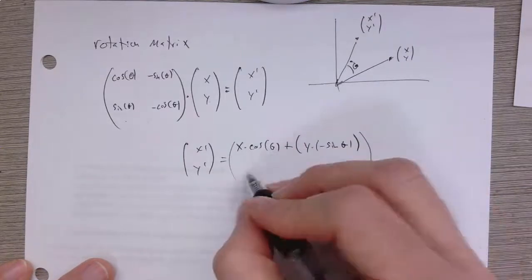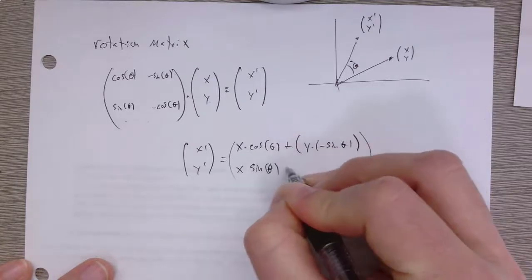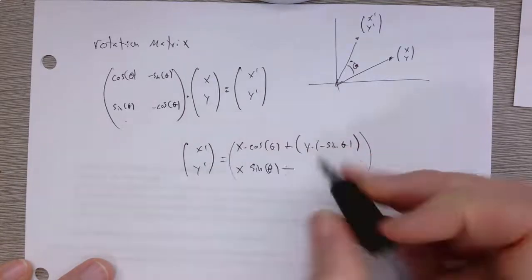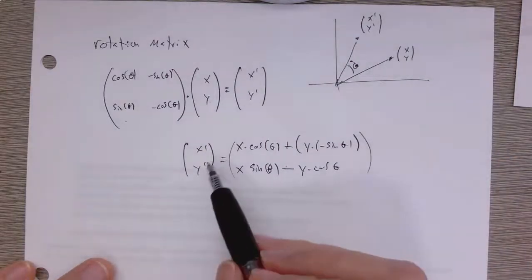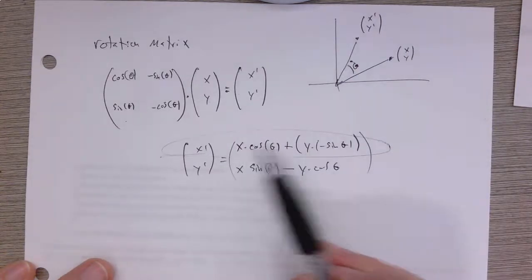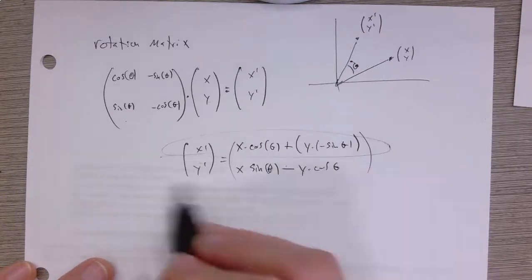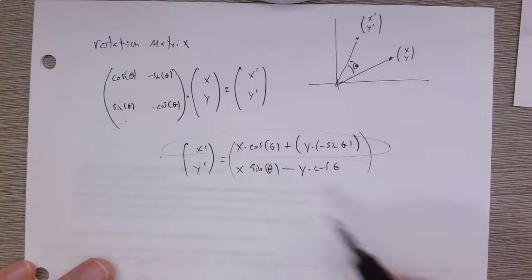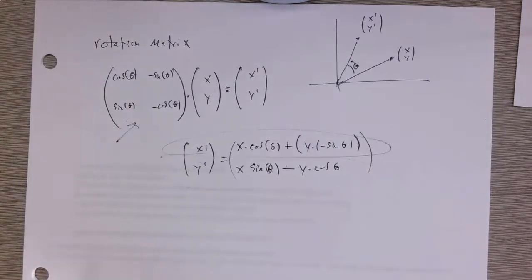And then y prime is going to be x times sine theta plus y cosine theta. In other words, this gives you an equation for going directly from your old xy coordinates, along with some trig functions of your angle, to what your new x coordinate should be. And same thing for y. This is a lot faster because you only have to use the trig functions once to get your matrix, and after that, it's all multiplication. So that's really, really fast.